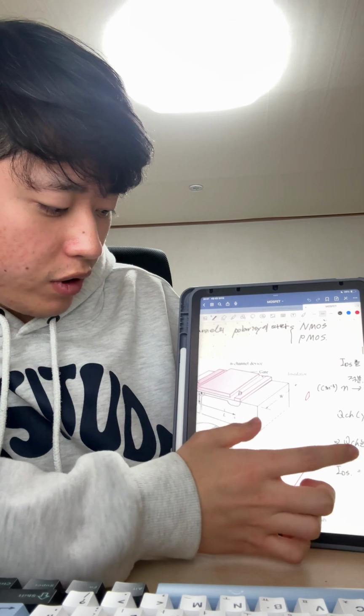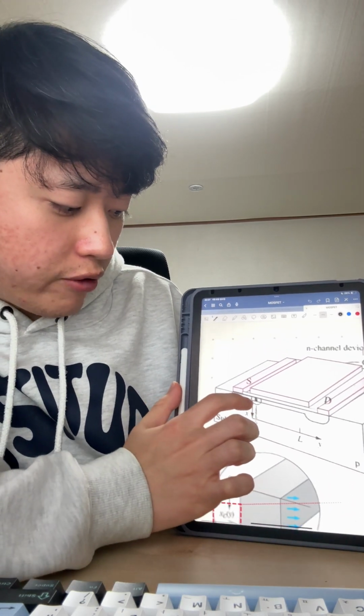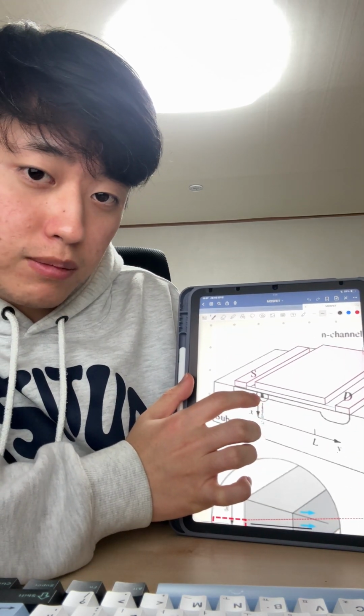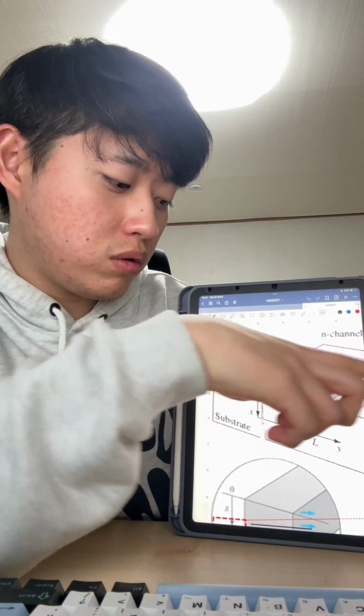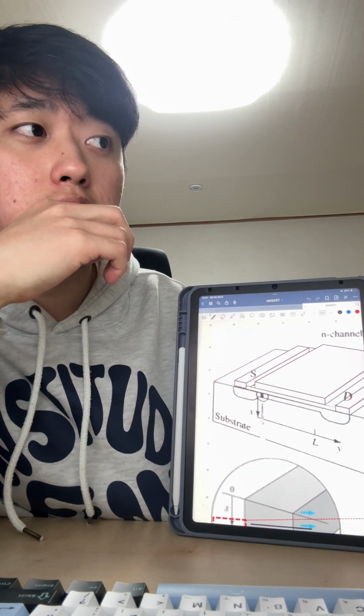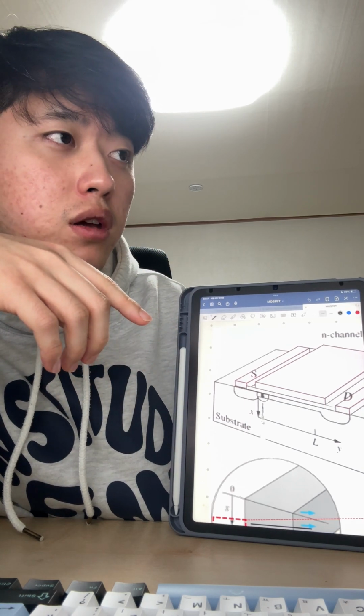So we have to know about this very small cubic.